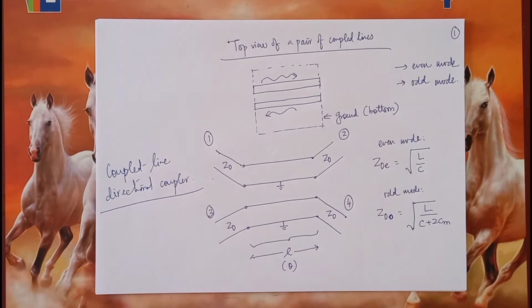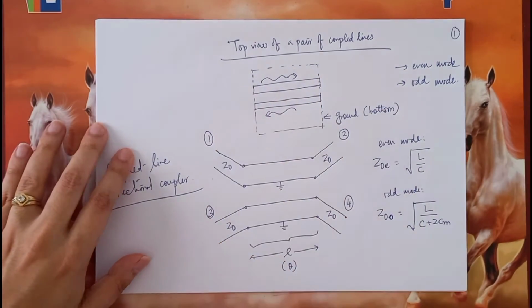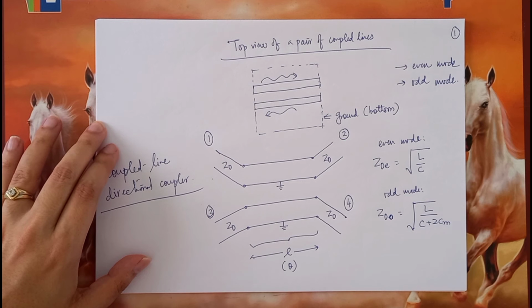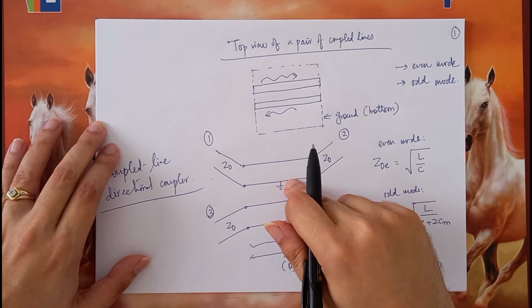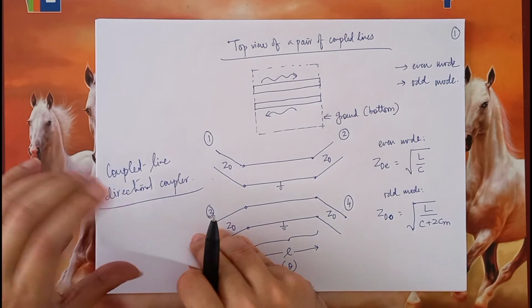So again, we will redraw this coupled line directional coupler, but without showing the ground conductor. Just like how we did for a Wilkinson, we will only look at the top view.